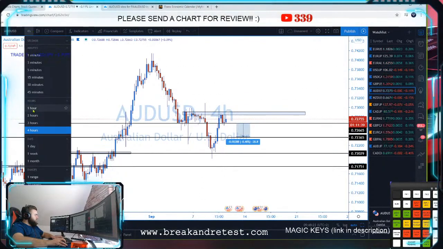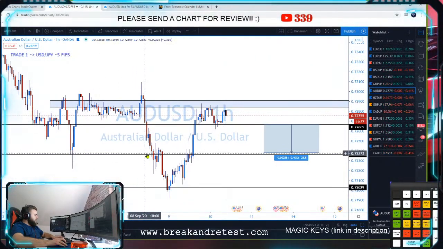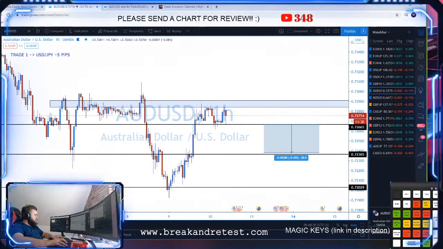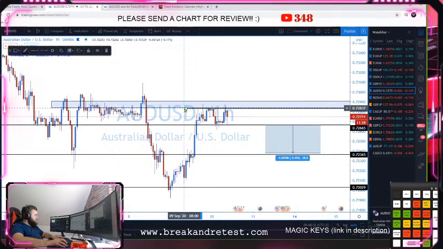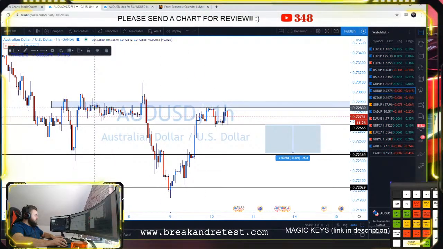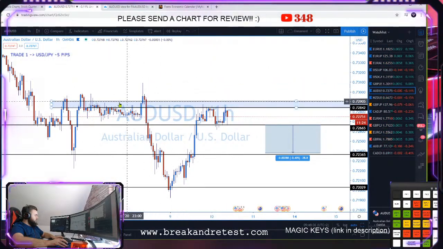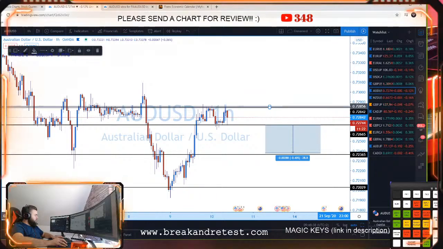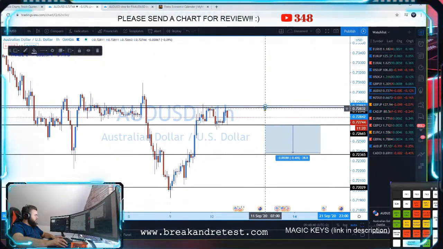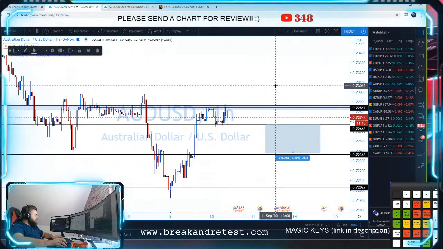And Aussie dollar, it's not breaking down. Maybe if it does push up and closes above here, we'll consider some buys. But I wanted a close below because it's much better.